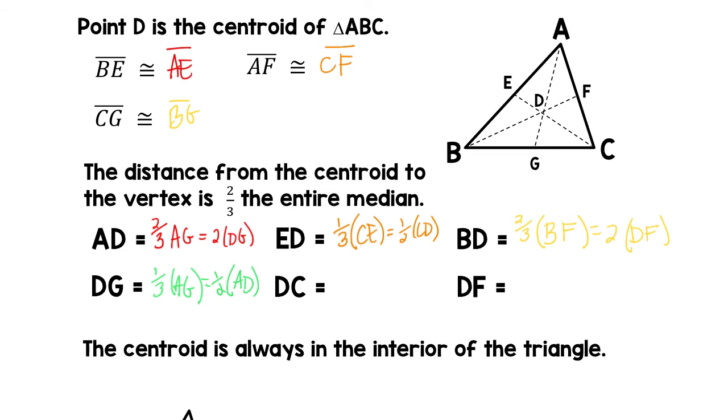And we have DC. It's the long end of the median. So that is 2/3 of the full median, CE, and double the short side, DE.